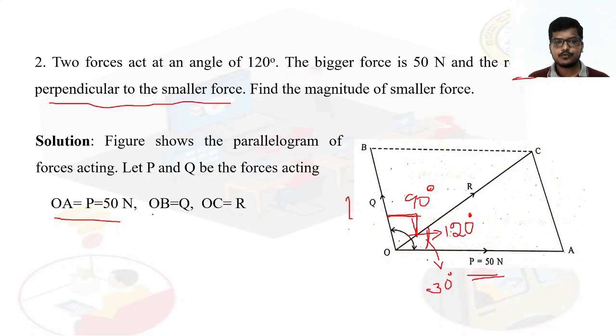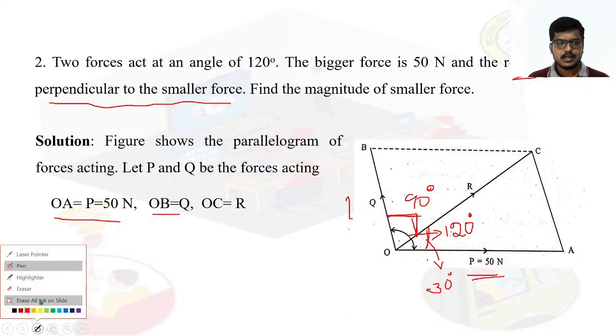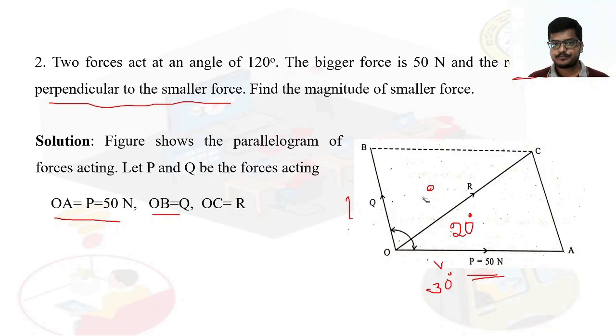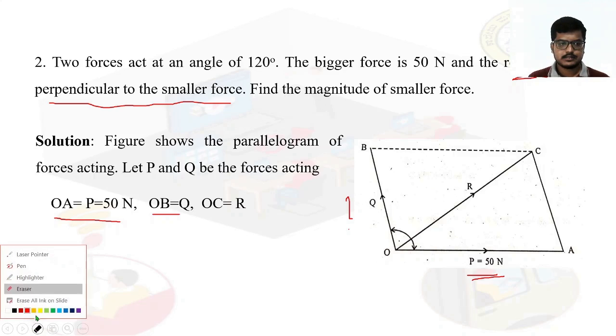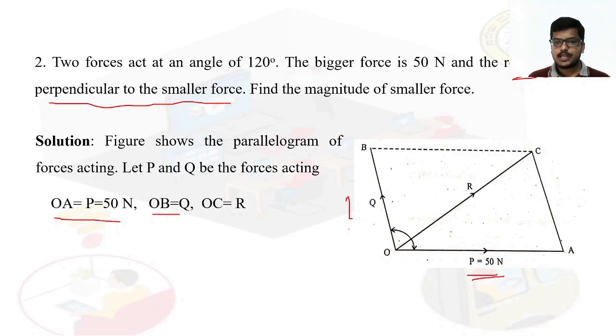OB is equal to Q, which we need to find, and OC is equal to R. So this full angle is 120 degree, and this is 90 degree according to the condition. So the remaining angle is 30 degree.